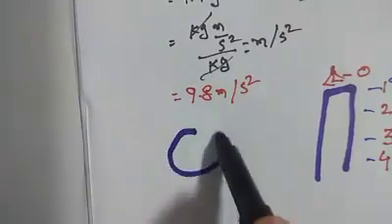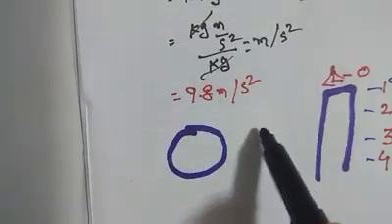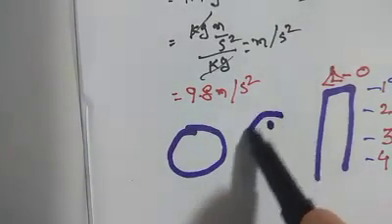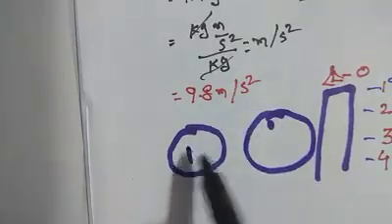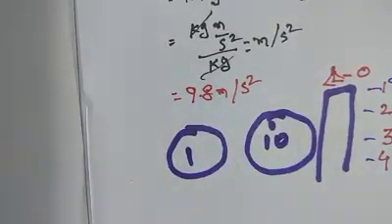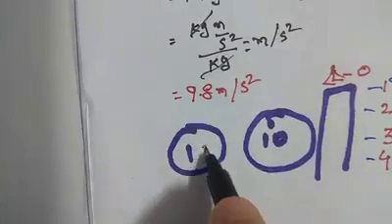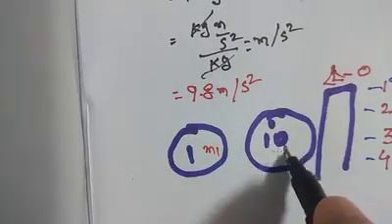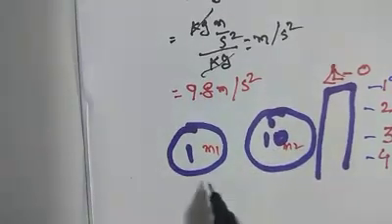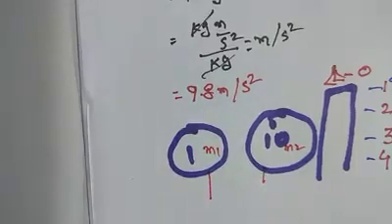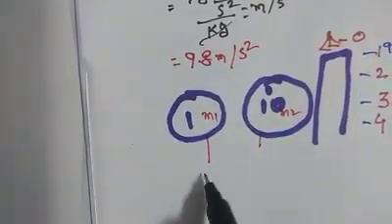See, if I have a value here of 1 kilogram, and I have a bigger one, which is 10 kilograms, this is 1, this is 10. Now if I try to demonstrate the falling of these two, this is mass M1, this is mass M2. Both of them would be falling at 9.8 meter per second squared.